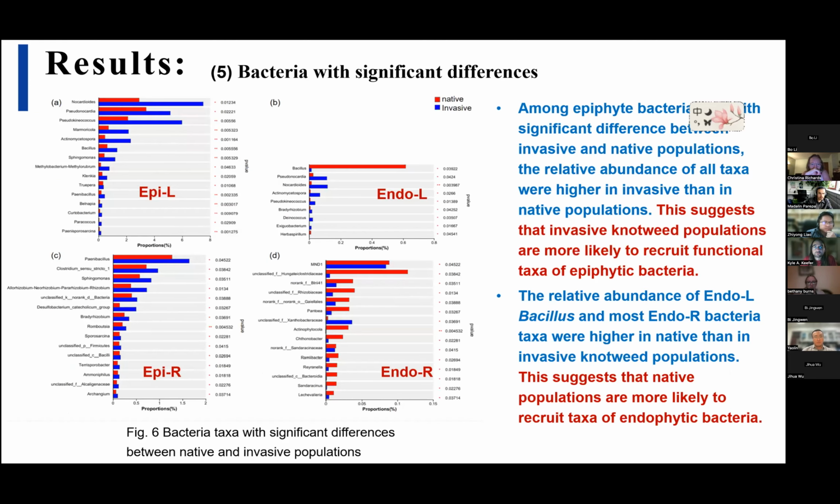Then we find the significant differences in the bacteria between the native and invasive populations. We can see among the epiphytic bacterial taxa a stronger difference between the invasive and native populations.